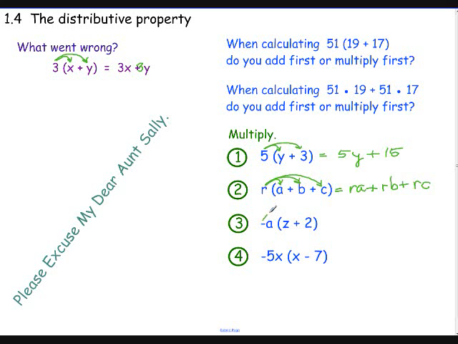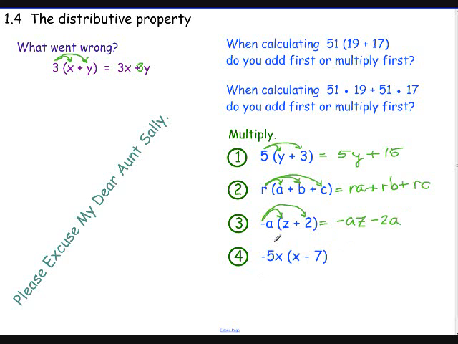We are going to distribute both the -1 and the A to the two terms inside the parentheses. That'll give us a negative A squared. And when we say -1 times a positive 2, that's a negative 2A.